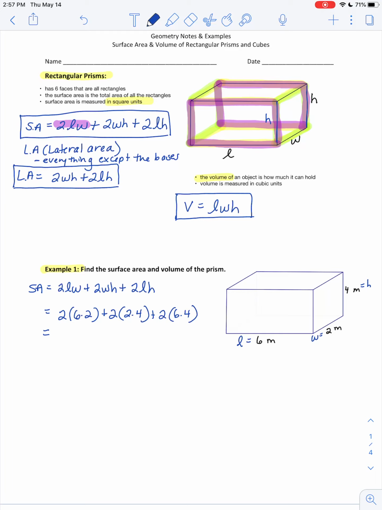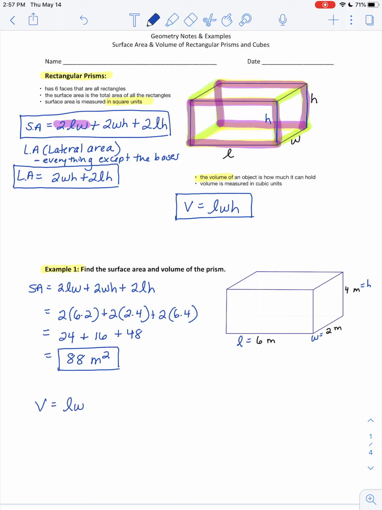And adding those together, we're going to have 24 plus 16 plus 48 for a total of 88. And again, surface area is always measured in square units. In this case, we're working with meters, so we're going to have square meters. So there's the total surface area.